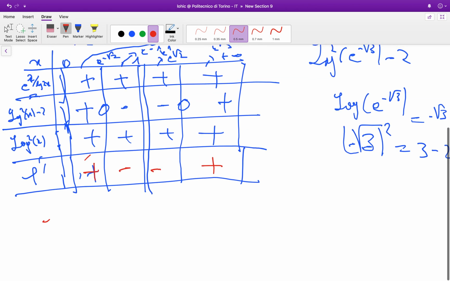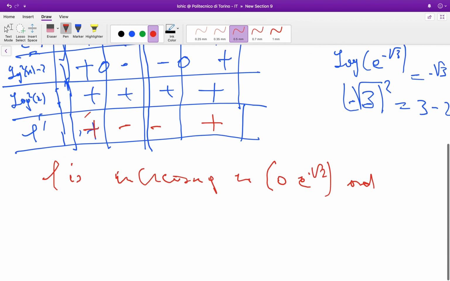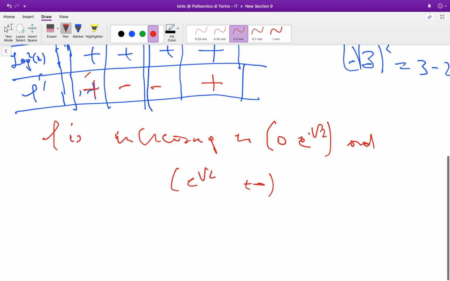So we will say that f is increasing in 0 till exponential of minus root 2, and exponential of root 2 till plus infinity, right?